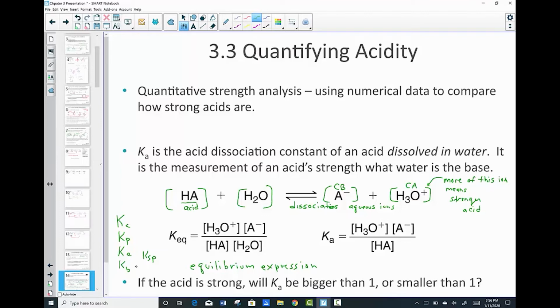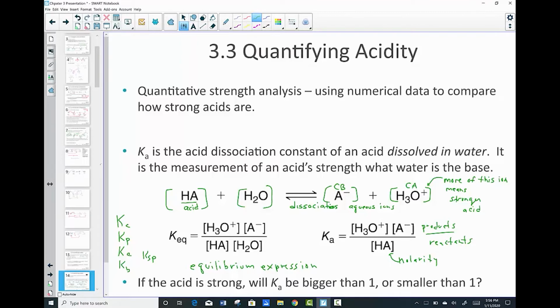And it's just an expression that gives us a number. And it's the magnitude of the number, how large or how small the number is, that's of interest to a chemist. The K constant itself has no unit. It's just a number, and the magnitude gives us great information in comparing. Well, let's suppose we have an equilibrium that's really favoring the forward direction, making a whole lot of aqueous ions.